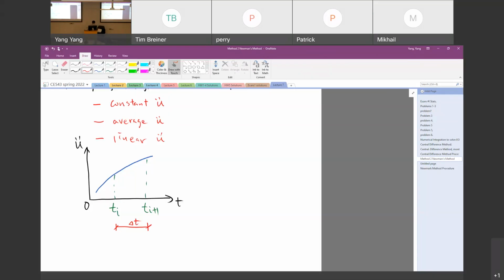So the numerical method involves estimation between Ti and Ti plus one. The theoretical acceleration varies, so we need to approximate the acceleration within this time step.